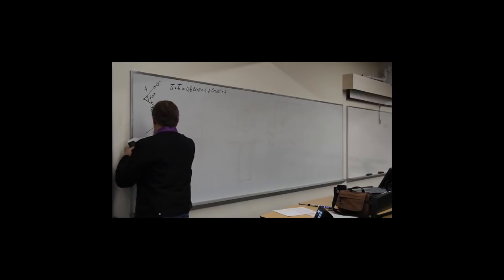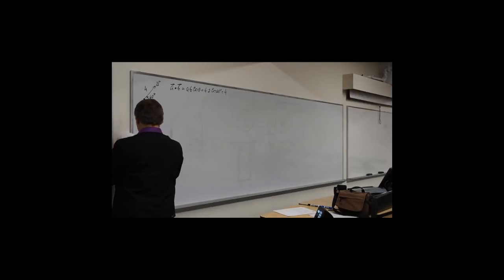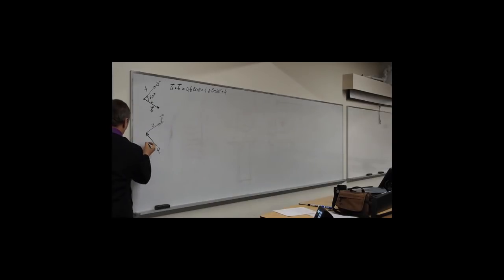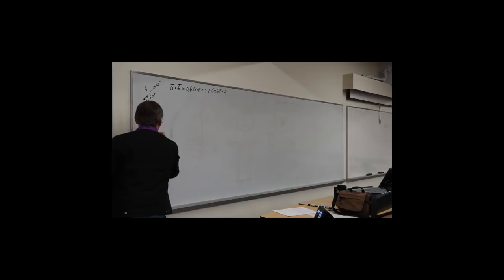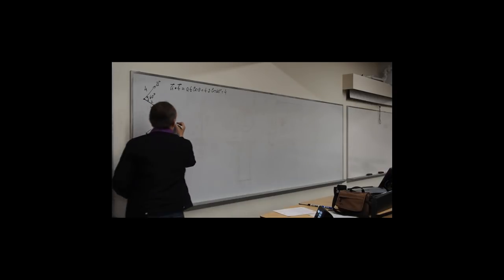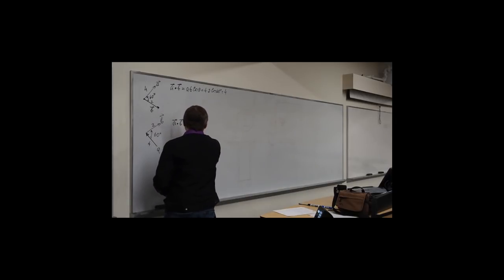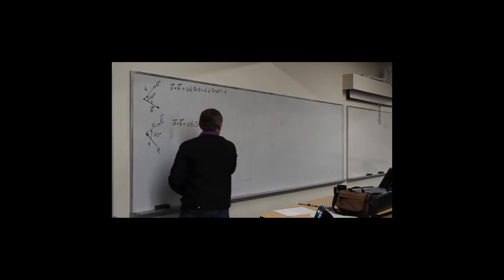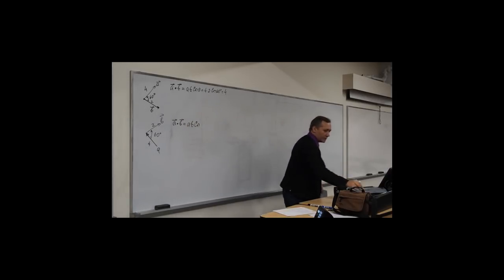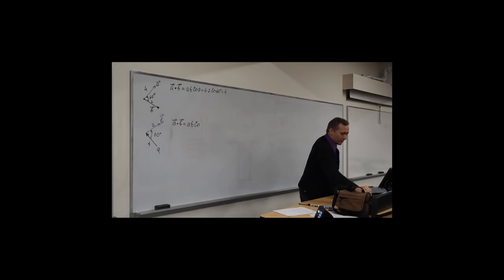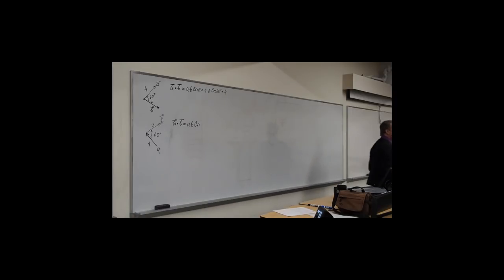Okay, now let's look at this case. Let's say we have vector B with magnitude 2, and vector A with magnitude 4, and let's say this angle is 60 degrees. Again, we need to find the dot product A dot B. It's the magnitude of A, magnitude of B, times cosine of which angle?